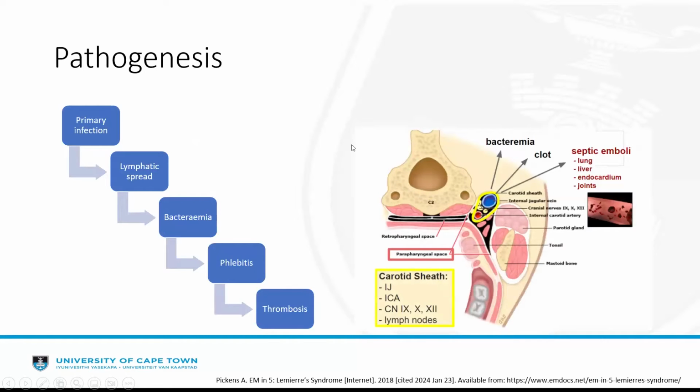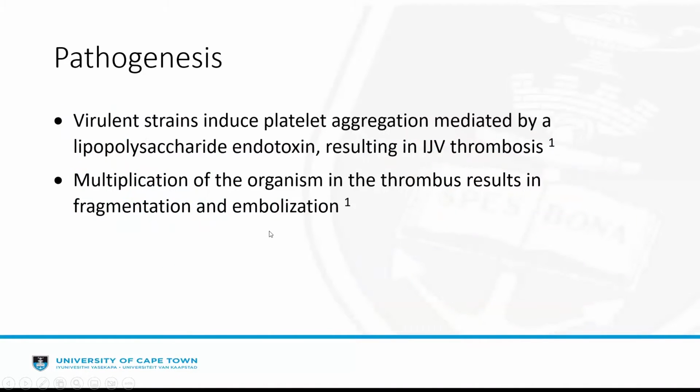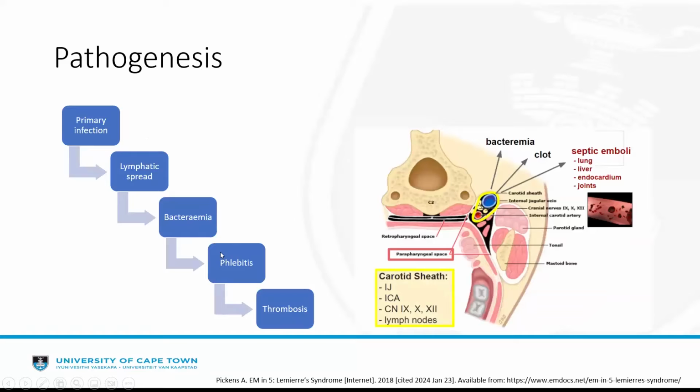Looking at the pathogenesis, it usually starts with a primary infection, typically an oropharyngeal infection, then with lymphatic spread, and via the lymphatic spread there is a bacteremia leading to phlebitis of the internal jugular vein, and then after that, formation of thrombosis.